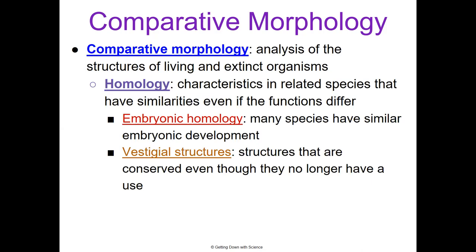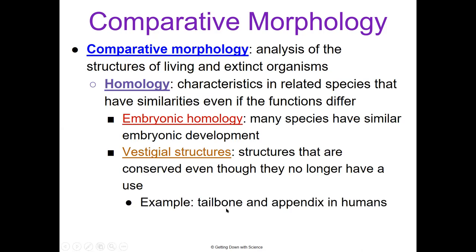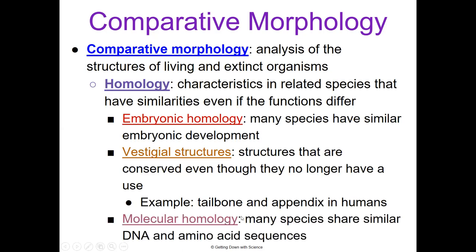So we can see that there must be some sort of connection somewhere back in the past between these organisms, and that's the reason that we're seeing these same structures. Our tailbone and our appendix are both considered vestigial structures. I know we've talked about this some in class with some other vestigial characteristics.